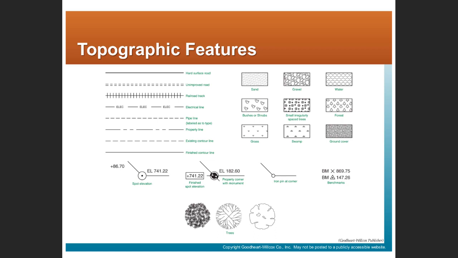That would be an elevation. So the benchmark means that at this particular spot in the ground, there's an elevation of 869.75 feet. So that would be a known elevation that either the surveyors or the contractors can work from.